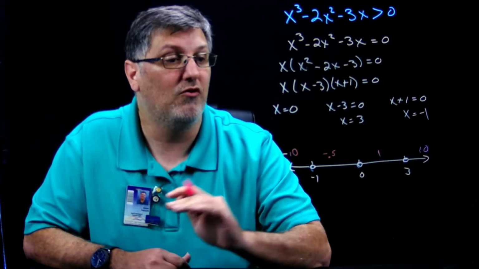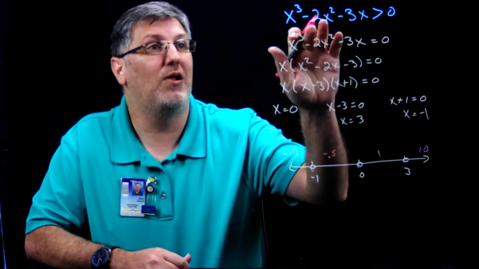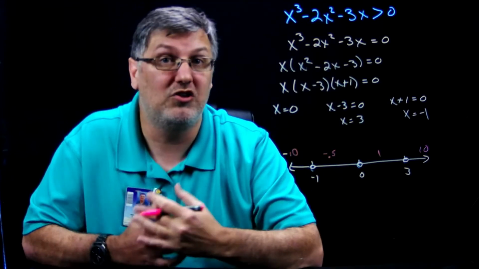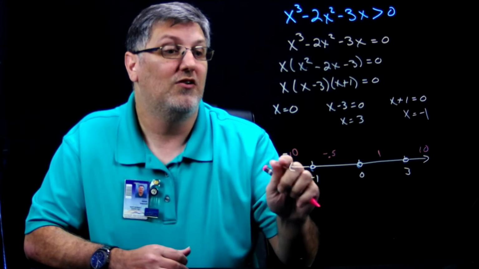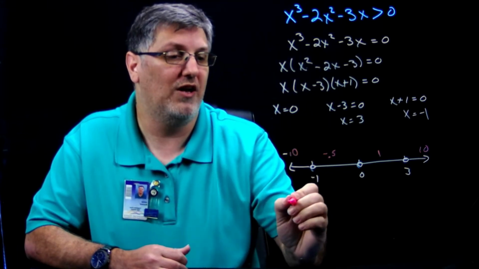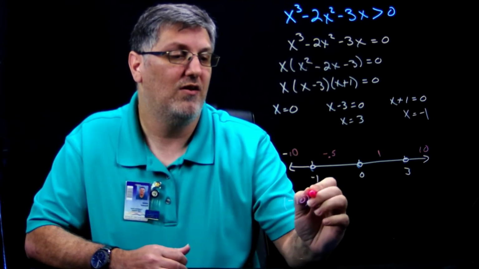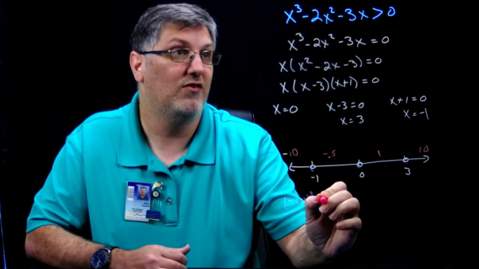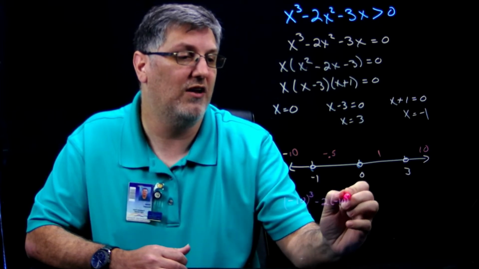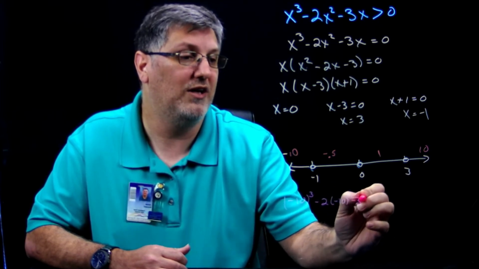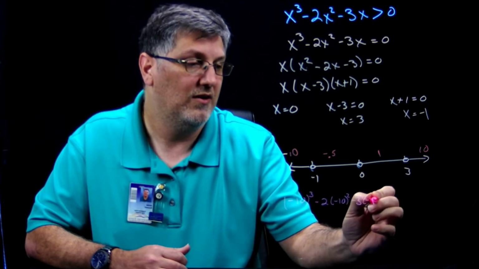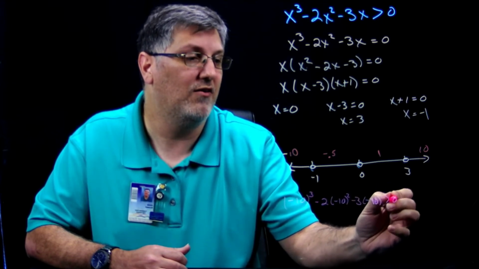So now what we're going to do is take each of these test values, plug them in here, and check to see if it actually works. So let's see, negative 10: we're going to do negative 10 cubed minus 2 times negative 10 squared minus 3 times negative 10, and that's got to be greater than 0.